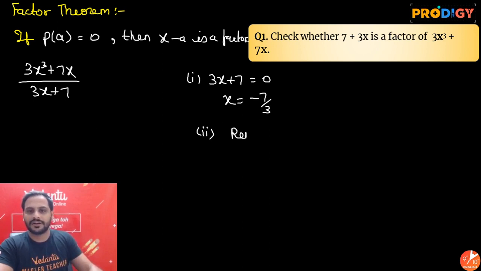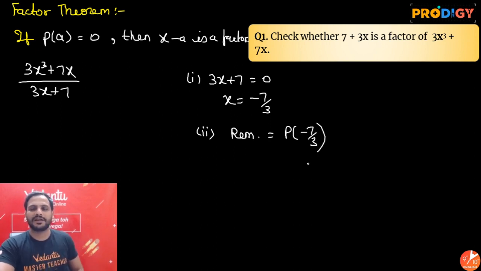So let's find out the remainder, which we know will be equal to the value of the dividend at x equal to minus 7 by 3. I'm using the remainder theorem and just checking whether the remainder is 0 or not.